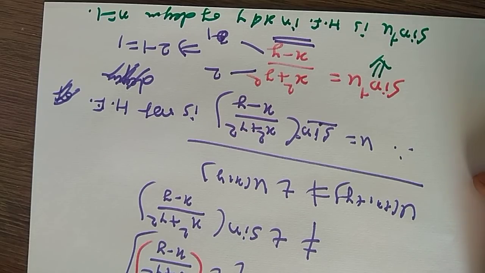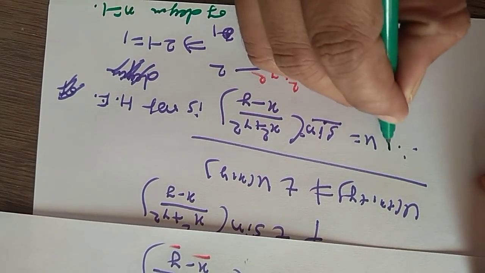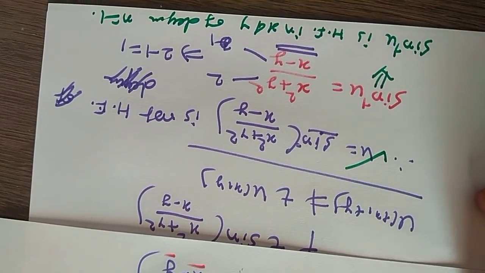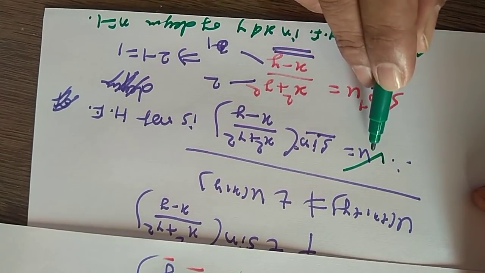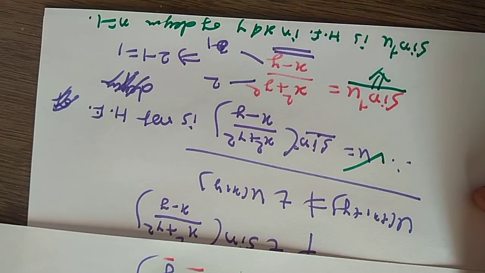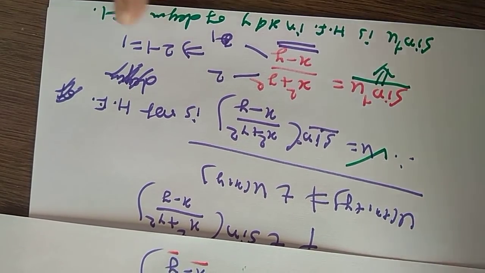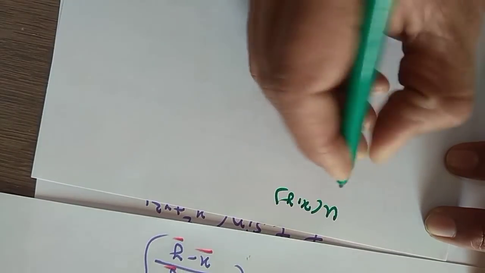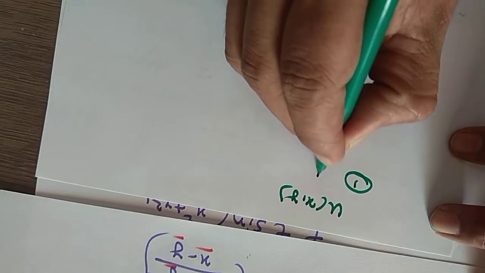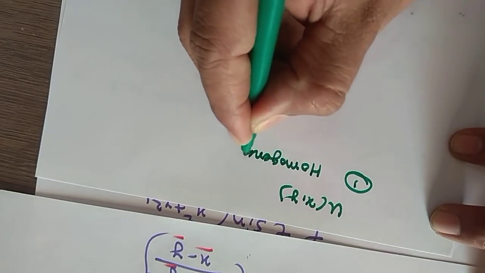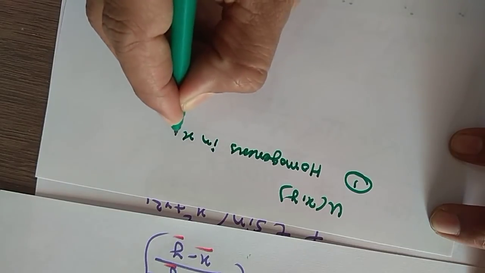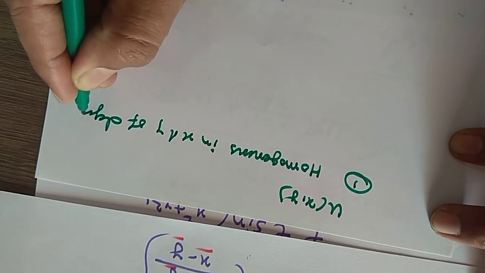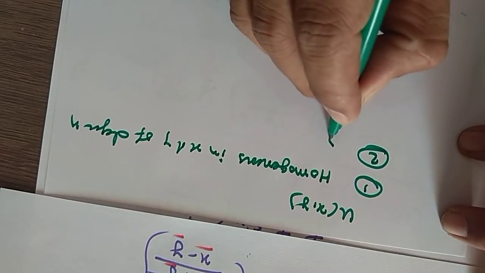What is happening here? Sometimes our function is not homogeneous directly, meaning this u is not homogeneous, but if we convert it to a function of u, meaning sine inverse of u, then it becomes homogeneous. So if the given function u is a function of xy, then either it is directly homogeneous in x and y of degree n, or it is not homogeneous.